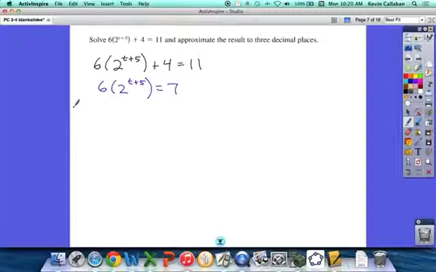Then divide by 6, both sides, right? So this is 2 to the t plus 5 equals 7 over 6. And I wouldn't simplify it. I would leave it like it is. Okay, we've isolated the exponential. Next step would be which log?